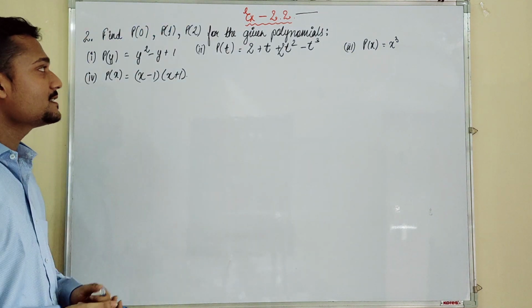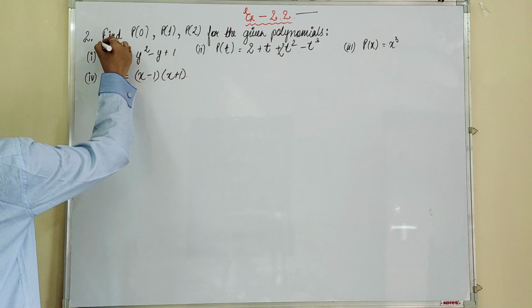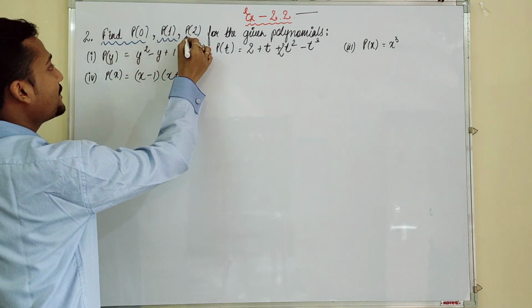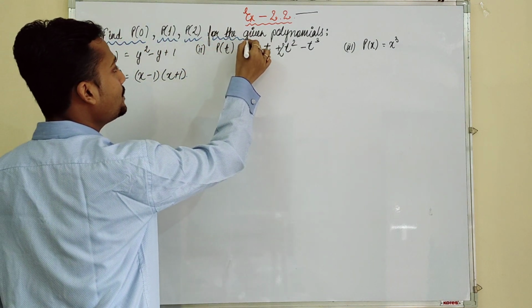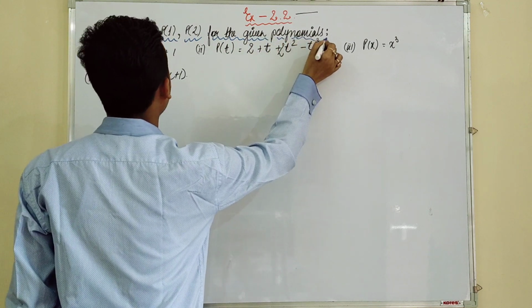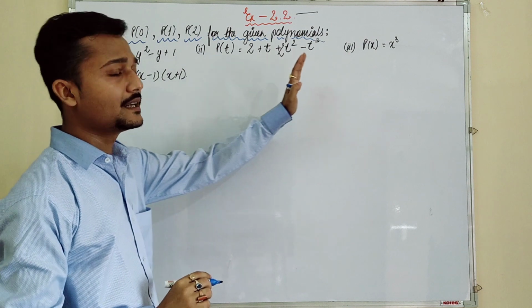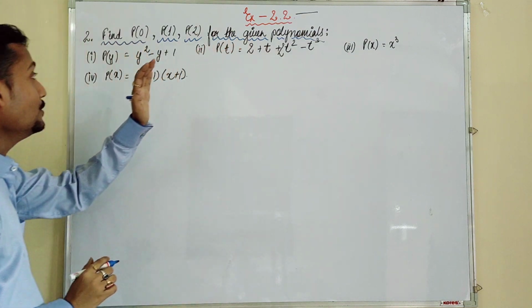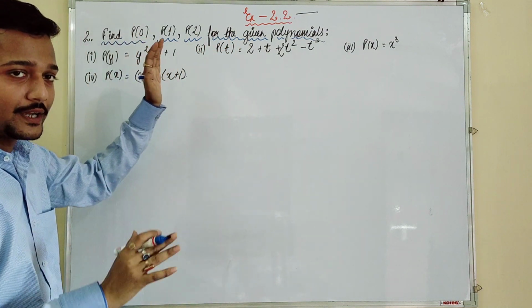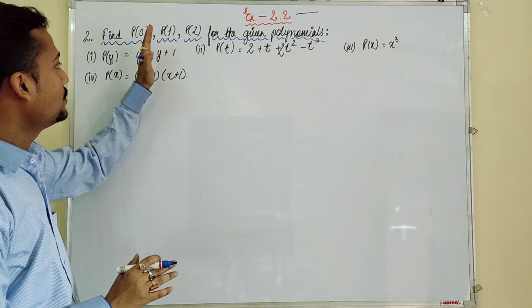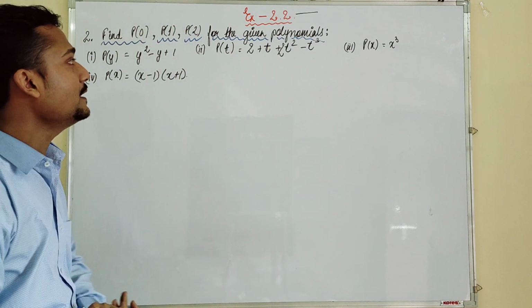So we have with us the next set of questions, and what does the question say? It says find p(0), p(1), p(2) for the given polynomials. That means these are the polynomials that are given, and we have to find p(0), p(1), p(2) for the given polynomial.